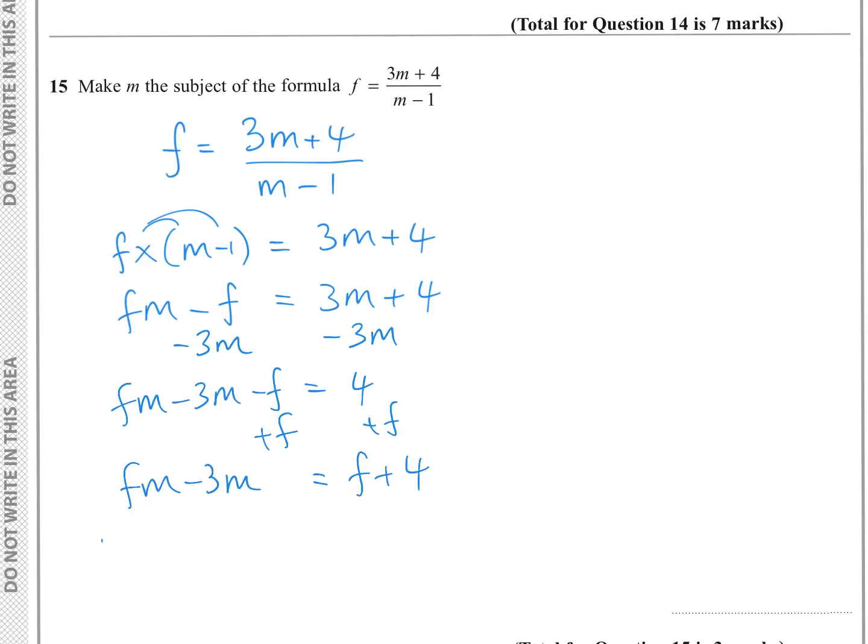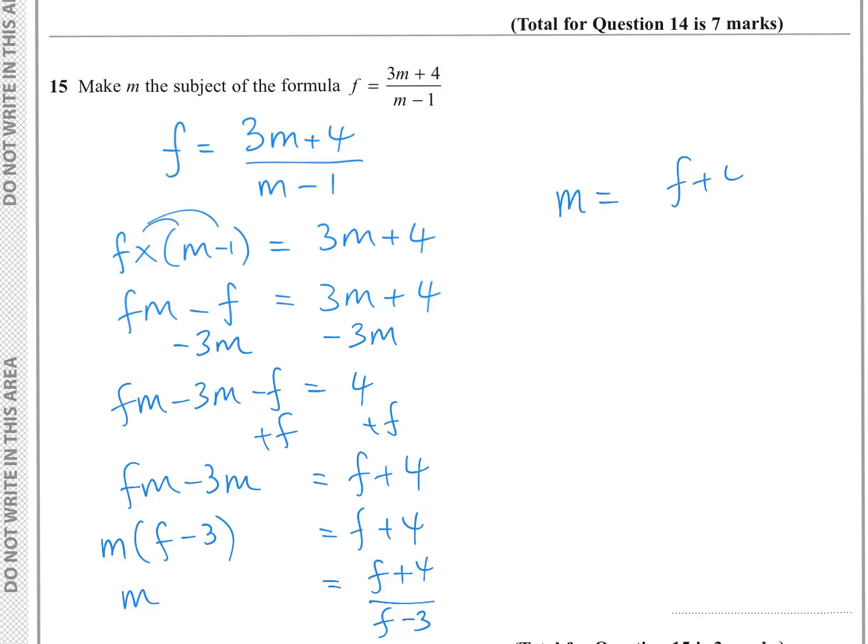And then I can factorise the m out. And then divide both sides by f minus 3. Let's change that, sorry, little mistake. So we have m is equal to f plus 4 all divided by f minus 3.